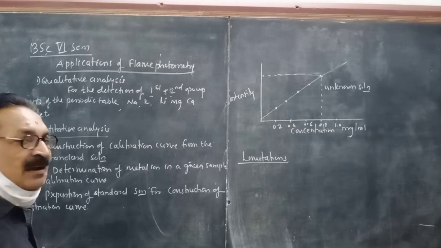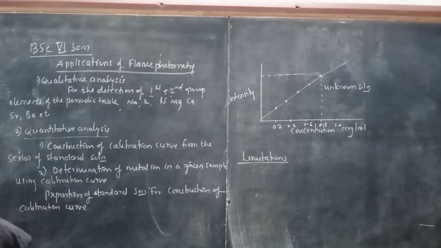These different colors are imparted by the metal ions. And in the inorganic qualitative analysis, the radicals of the first group and the second group elements are easily detected.